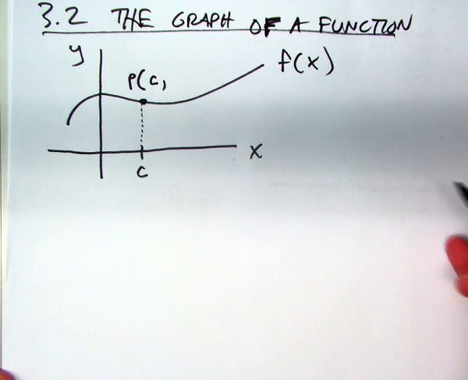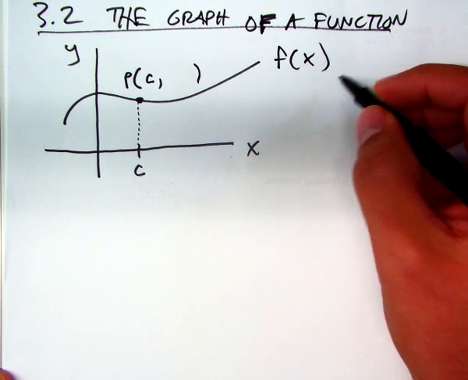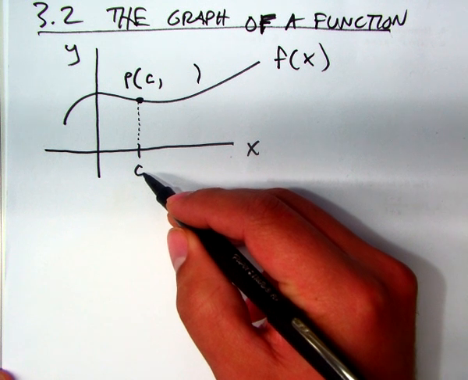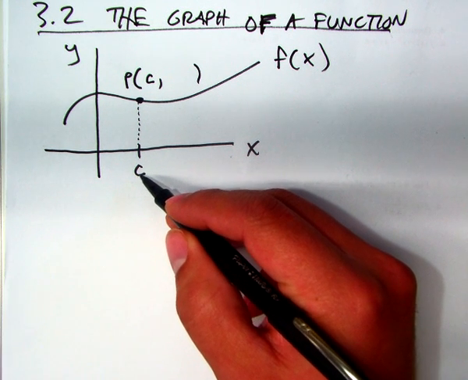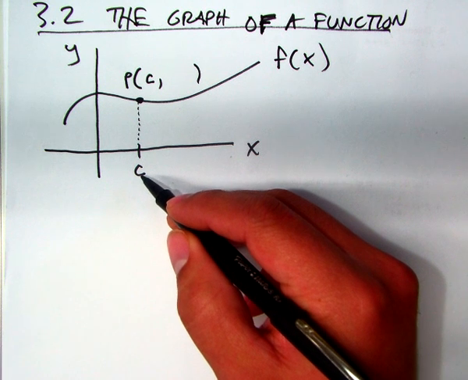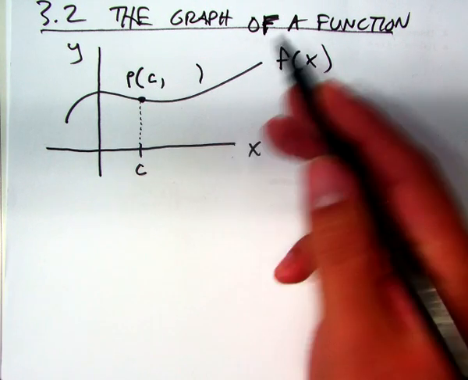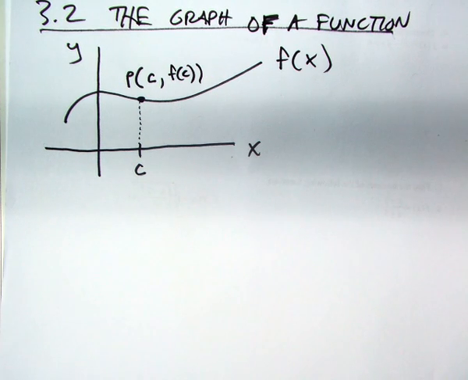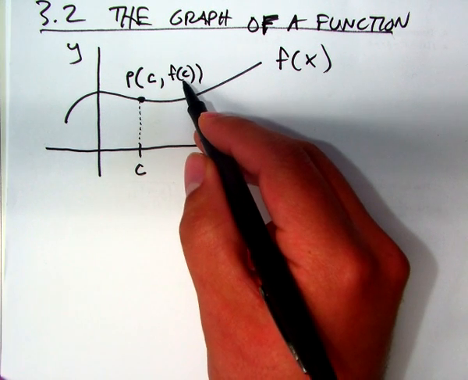And then to find the y-coordinate, assuming we have a rule for this, what would I do with the c value? How do you find an output if you know the input? Plug it in. So that means we're going to find whatever f of c is. That is y. That's the y value corresponding to plugging in c.